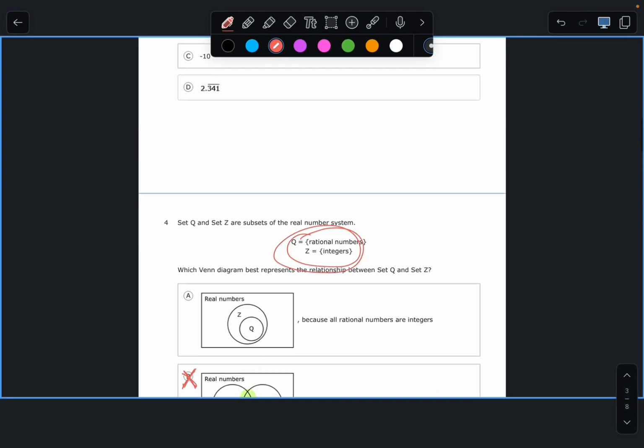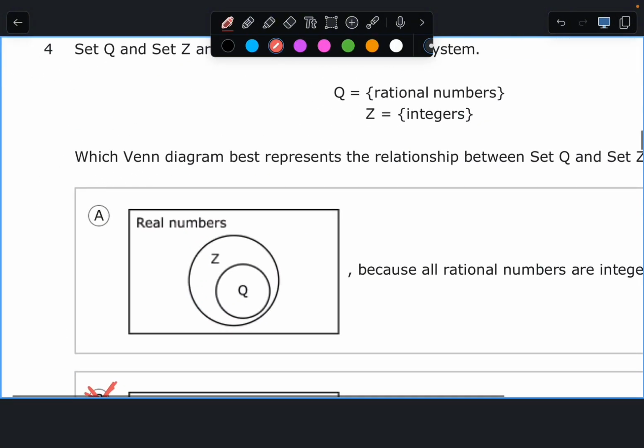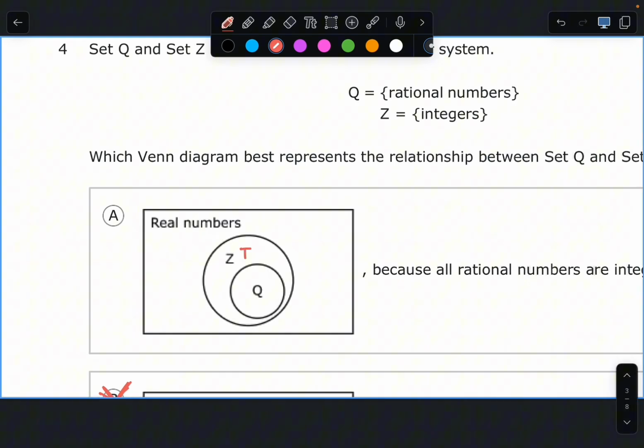Now we have to look at the difference between A and C. A, it says Z. What I would do is write the name of the category next to the variable. So Z represents integers, Q represents rational.